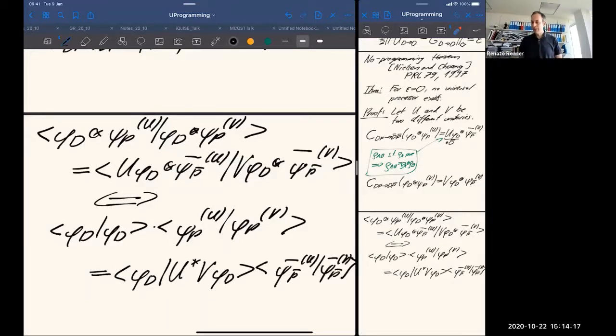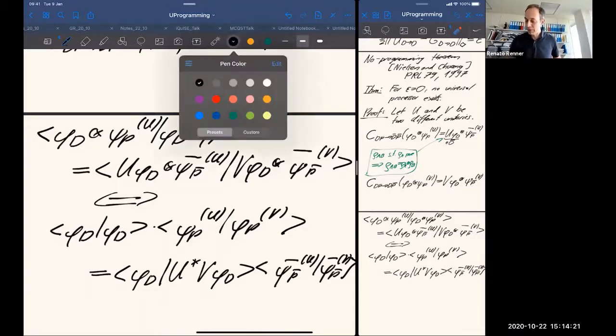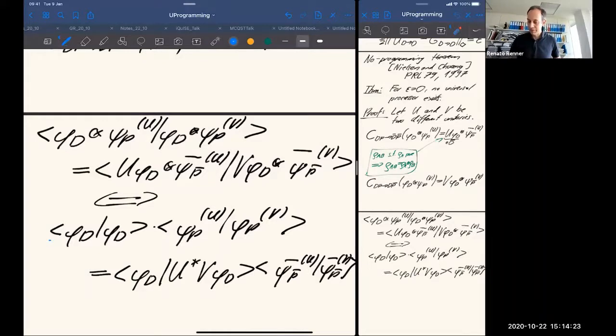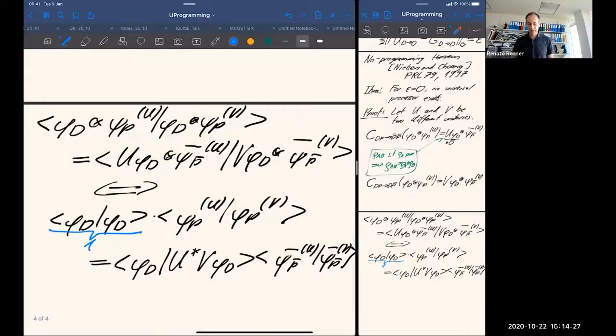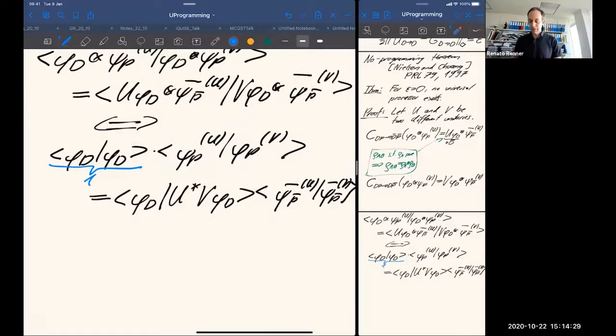So now I've just written it in a slightly nicer form. And this is, of course, useful because this term here is just equal to 1. That's just the scalar product of a state with itself. And okay, now we have the simpler equation that this thing is equal to this product. Now, let me mark this whole equation by a star because we will refer to it later.